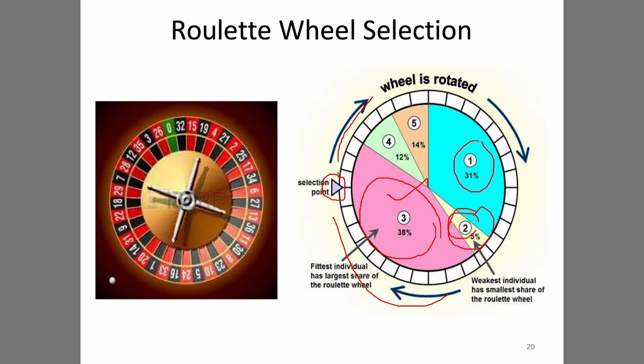The wheel is rotated, that might be n times or 2 times or 3 times, and there is a pointer head that points to the value. So what is the probability of getting a value in the subsequent iteration? One that has the maximum space will always have the possibility of getting selected.